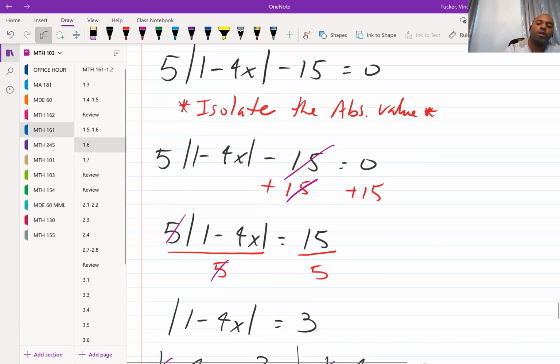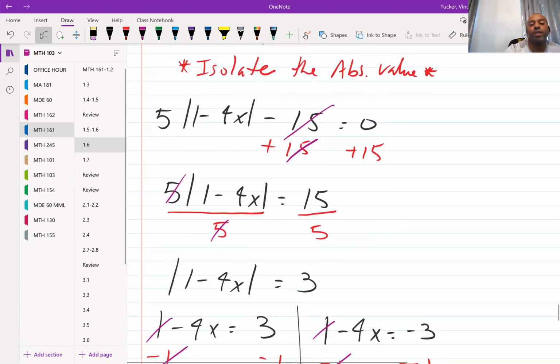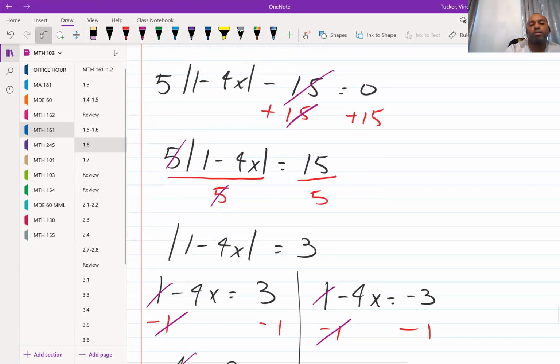Then you set it equal to the positive 3 and then set it equal to the negative 3.